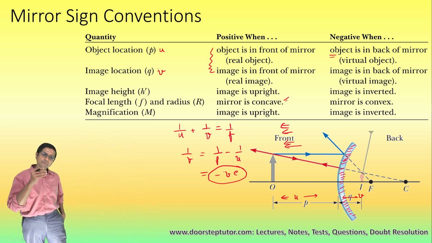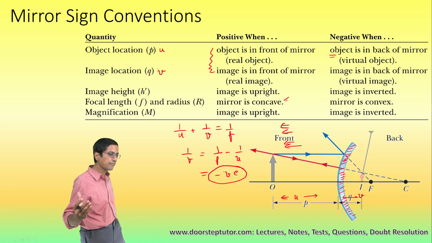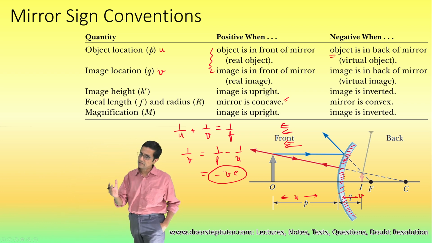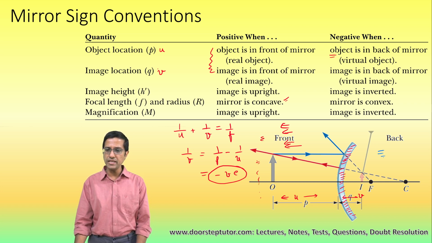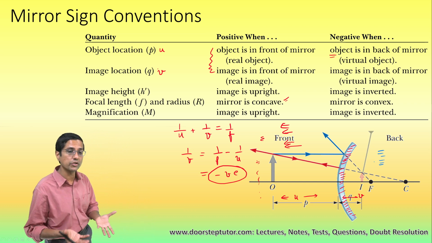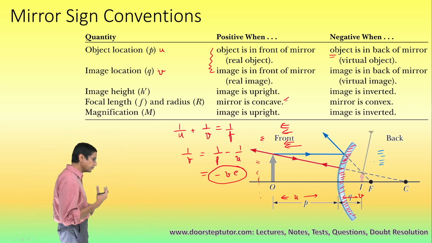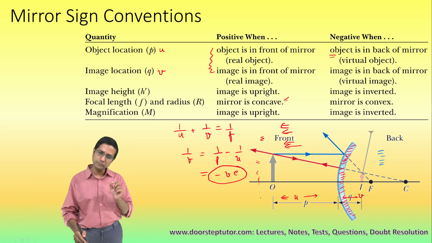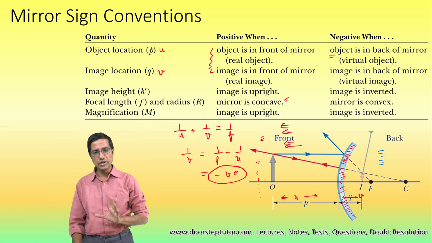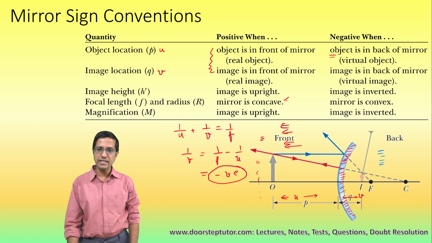It means that the image is not formed in the front of the mirror where the light rays are actually coming, in the lighted region, but in the region behind the mirror. That means the image is virtual. So when your image distance comes out negative, it means it is a virtual image. That part is simple.